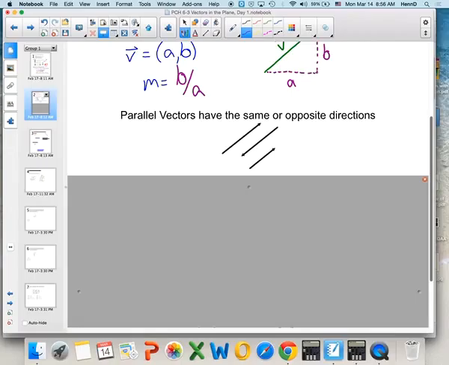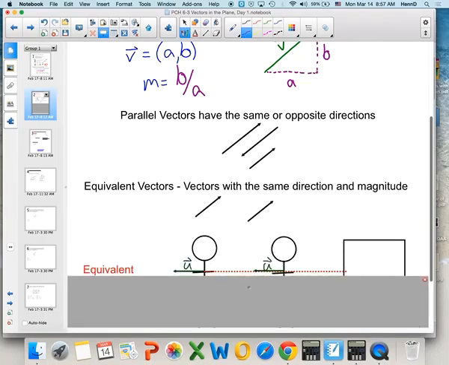Okay? So parallel vectors have the same direction or opposite directions. All right. Any questions so far? I know we're hitting a lot of different terms here we're going to have to keep track of.